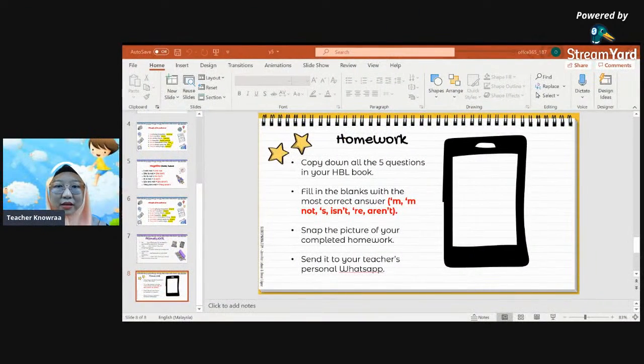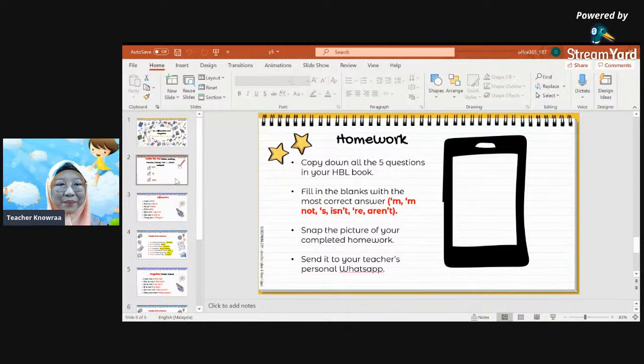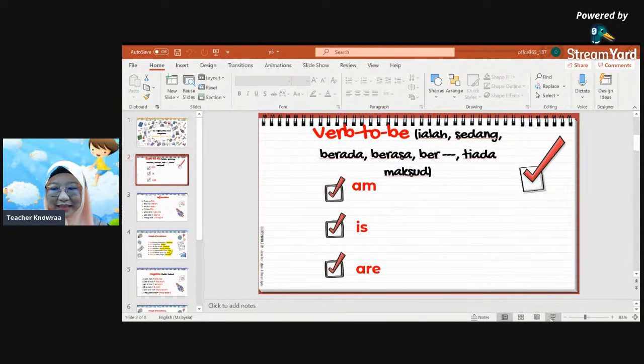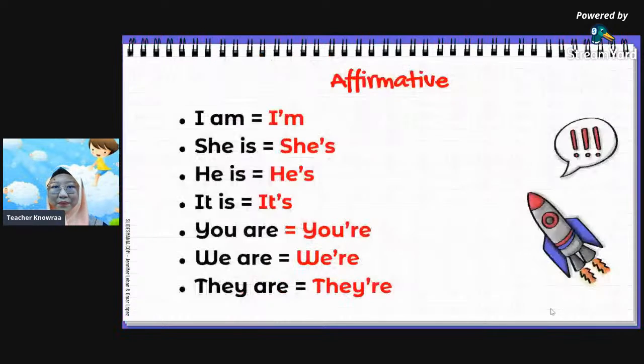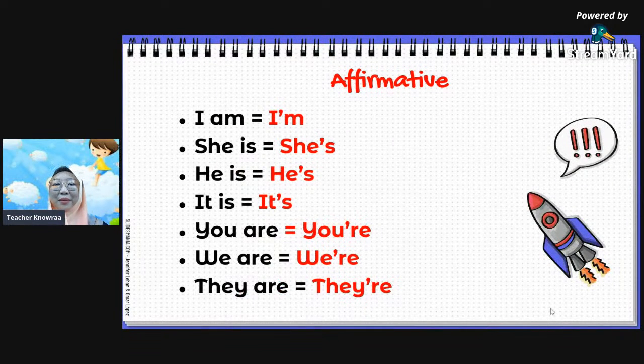Okay, let's look back to the slides because I didn't realize that it's so small just now. Okay, we just go through. Verb to be, am, is, are here. Affirmative, I'm, she's, he's, it's, we're, they're. I'm so sorry. Just now I didn't realize that it's quite small there.